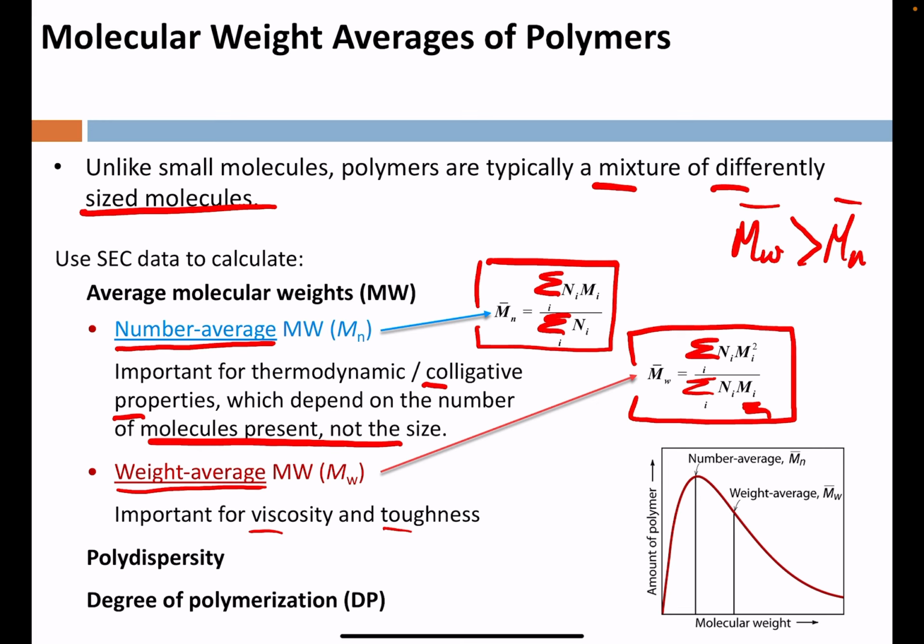Polydispersity, abbreviated PDI, is calculated by the ratio of Mw over Mn. In that regard, polydispersity must always be greater than 1. Degree of polymerization, the number of repeat units, we'll touch on at the end of this video.